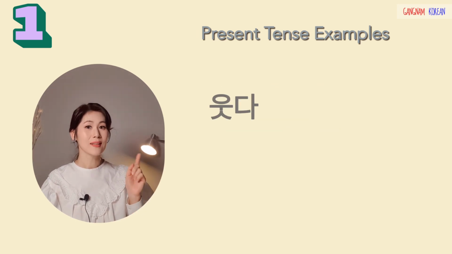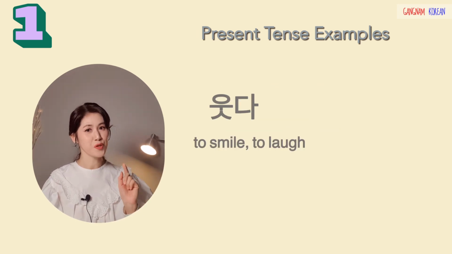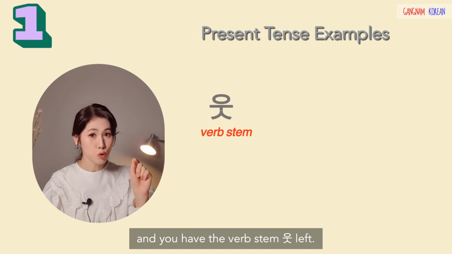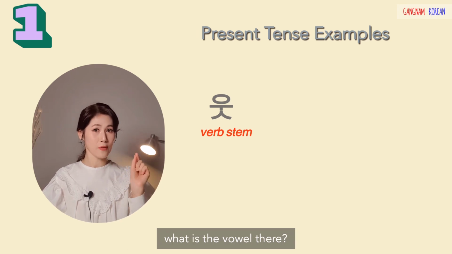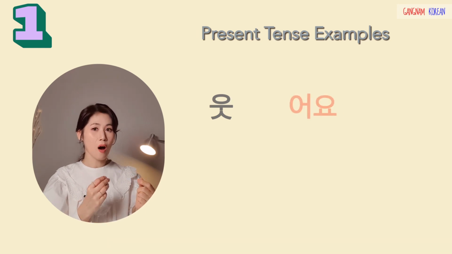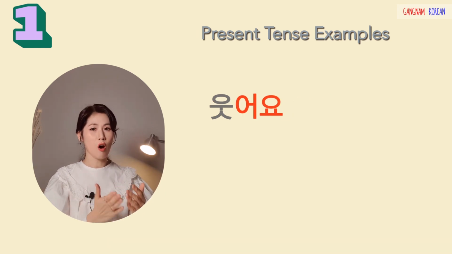It's 웃다, which means to smile or to laugh. So take away the 다 and you have the verb stem 웃 left, right? What is the vowel there? 우. So what is the ending you need to add there? 어요. So 웃어요.